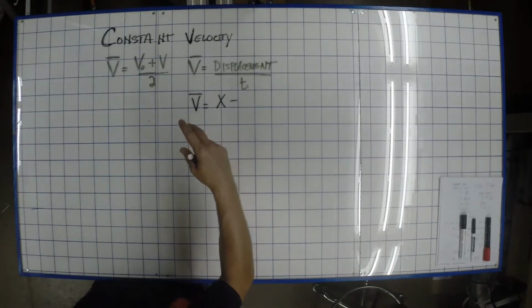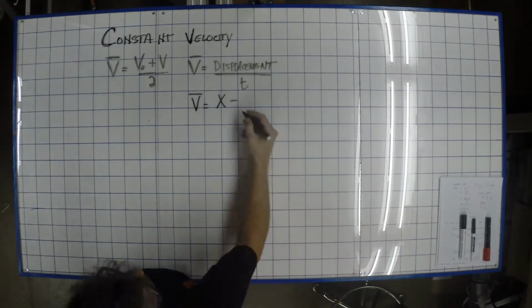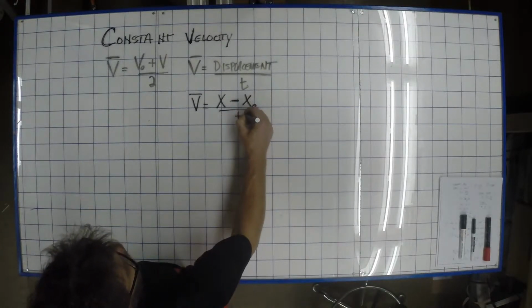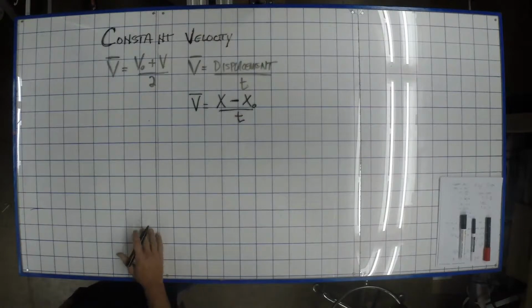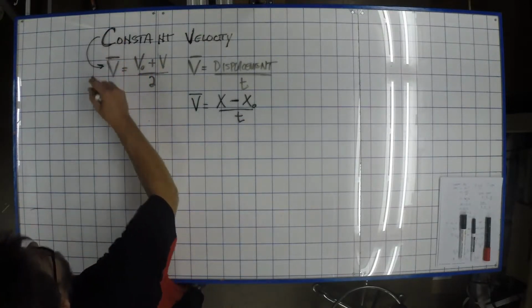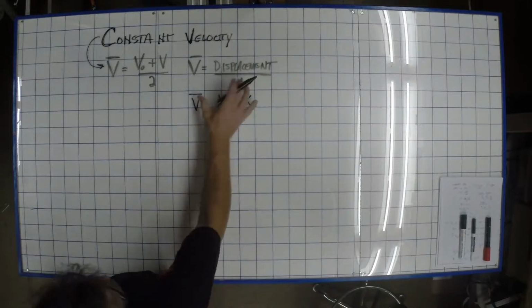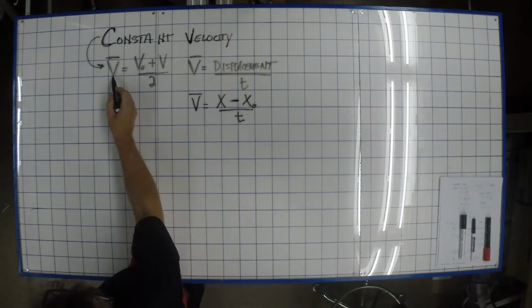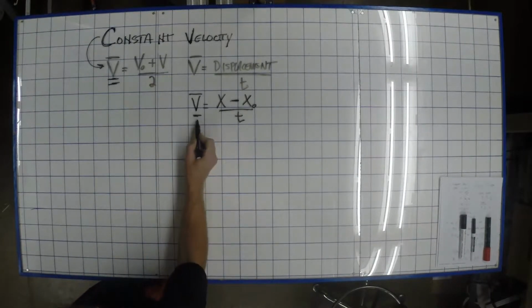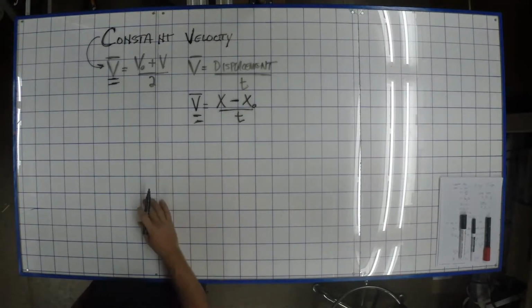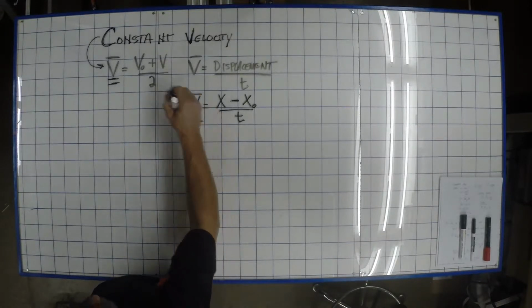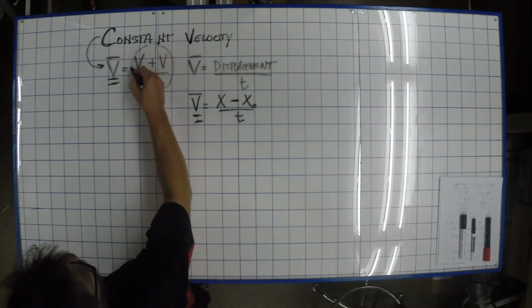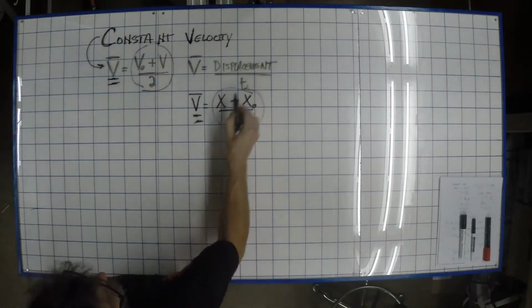That indicates our position at the later time, minus our initial position, divided by time. So with constant acceleration, we're allowed to assume that right there, and of course this would be true regardless. And what that means is our average velocity should be the same average velocity for a given situation. So there's really 2 ways to look at the same quantity, which means we can set this and this equal to each other.